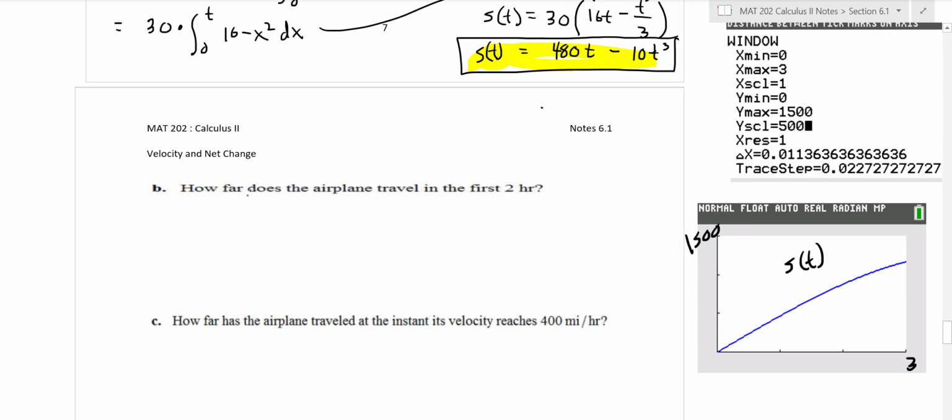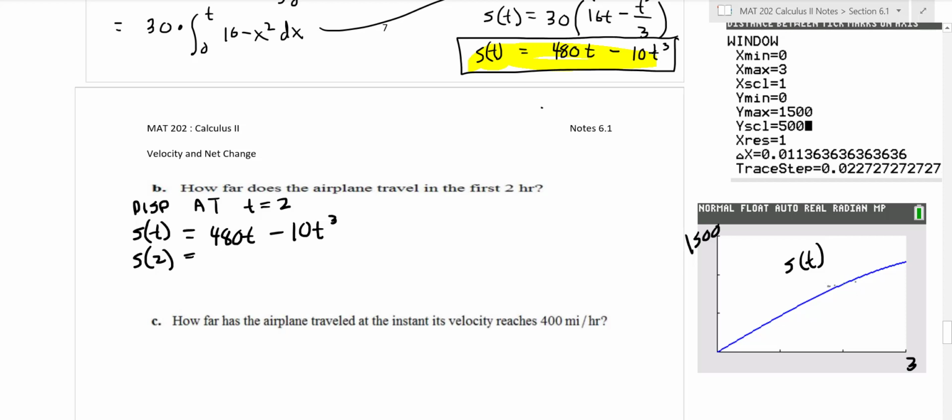So how far does the airplane travel in the first 2 hours? What that is talking about is finding the displacement at 2 hours. We already know what S of t is. We figured out that S of t is this function up here, 480t minus 10t to the third, so we just need to find what S of 2 is.